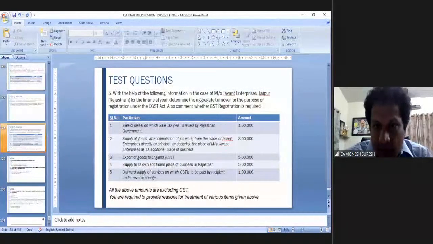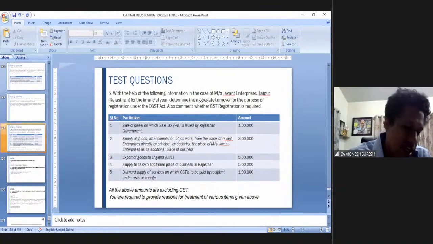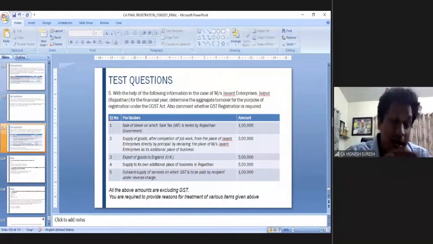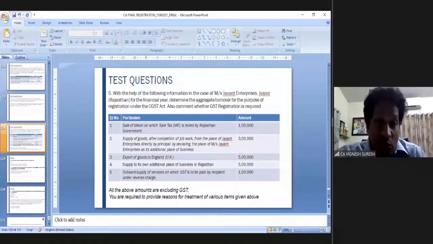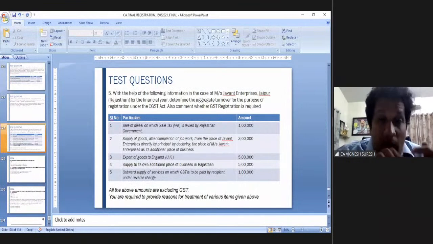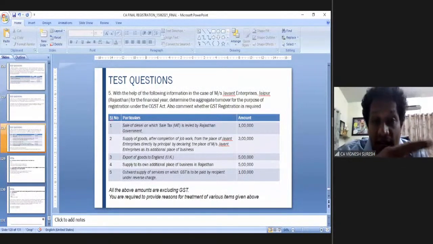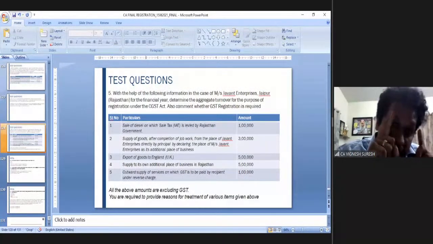Right? So therefore, as expected, point number 4 has foxed everyone and everyone has got 12 lakhs. It's very, very easy to be foxed because he's telling supply to additional place of business. He is not telling supply to another registration within the same state.